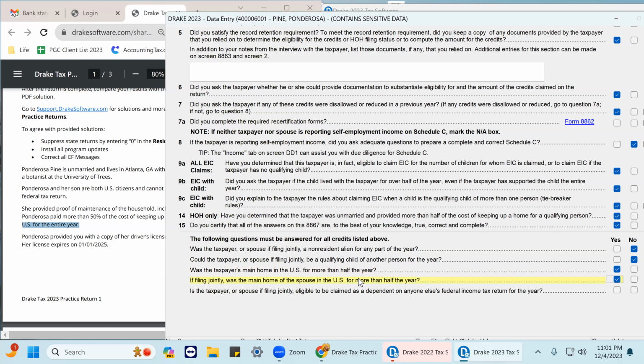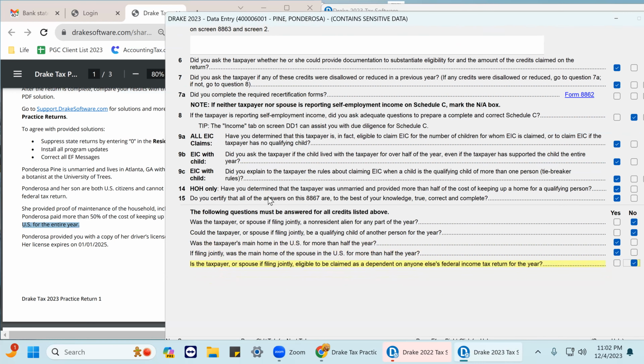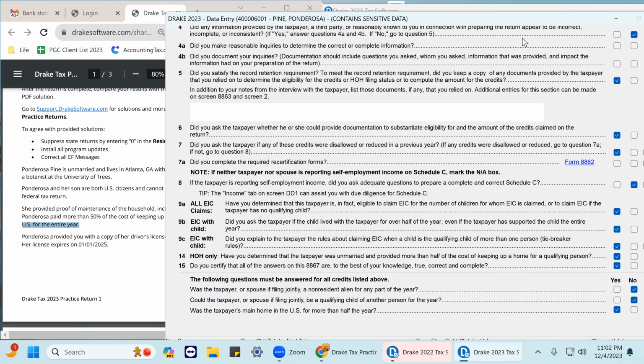The credit, if you answer those questions yes or no, you're affecting the credit. Right now I put everything in the right way, and then later I will change it purposely, and then you will see the huge difference.